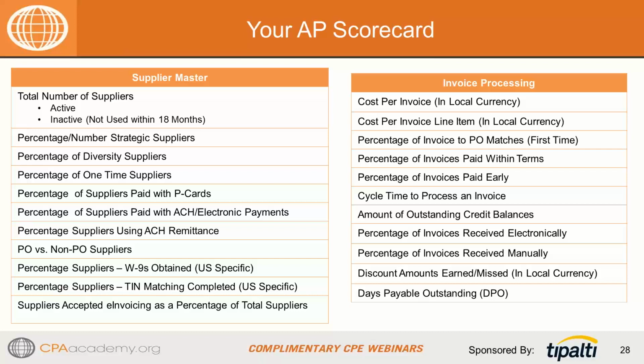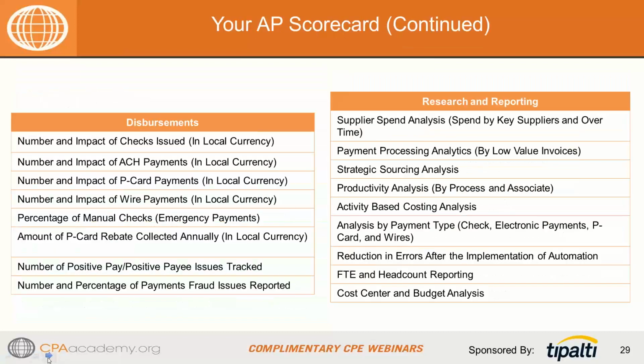And many companies forget to take a look at any outstanding credit balances, which is an important aspect to look at, particularly during your monthly reconciliation process. Percentage of invoices received electronically, percentage of invoices received manually, and discounts earned or missed, I should say, in local currency, and days payable outstanding.